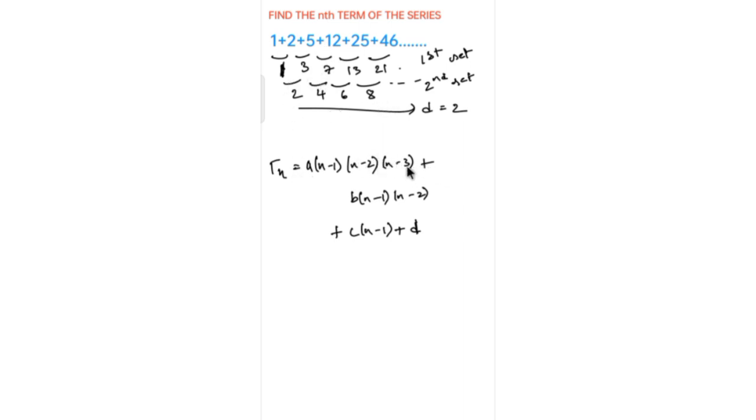You can add another term: A into (n minus 1)(n minus 2)(n minus 3)(n minus 4) plus B into (n minus 1)(n minus 2)(n minus 3) plus C into (n minus 1)(n minus 2) plus D of (n minus 1) plus E. So this is how you get Tn if the third set of differences are in AP. You can get all this from the original method of differences, but this is a shortcut method.